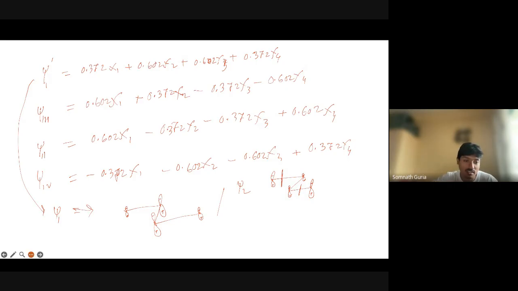No, I'm getting confused, I'm sorry about that. This is psi2, and this is psi3. The configuration is higher, smaller, smaller, and higher, with the same sign here and the sign changed here.